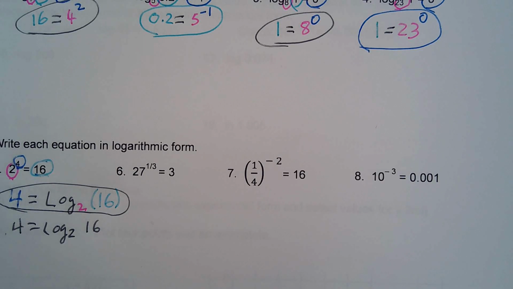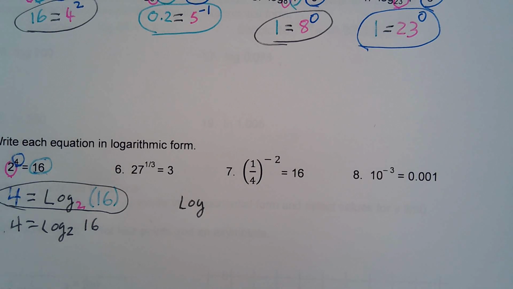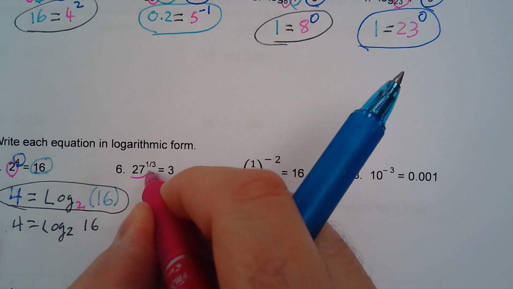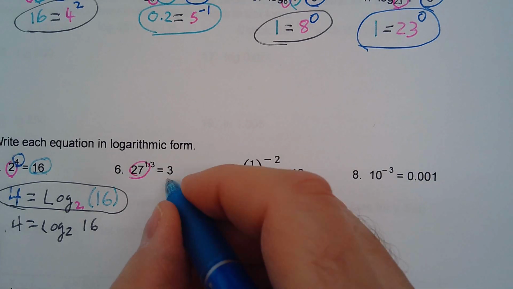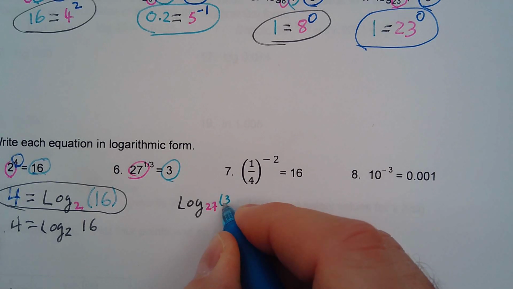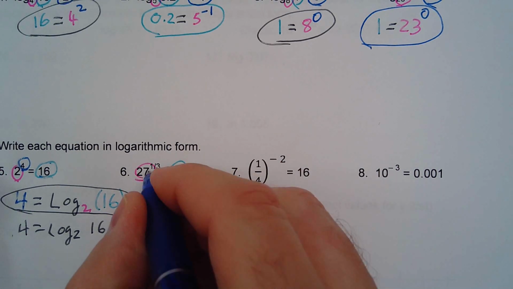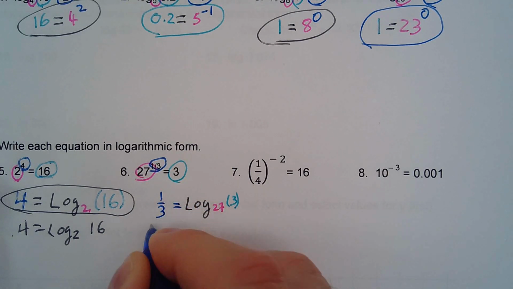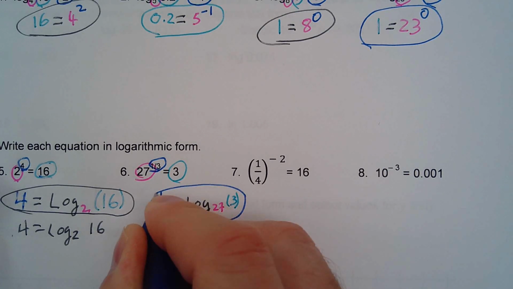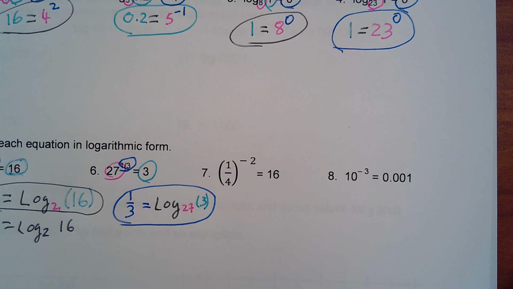So if we look at number 6, my base here is 27. My argument here is 3. And the power here is this 1/3. Let's try this next one.